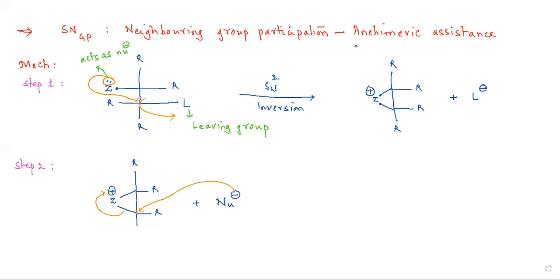Now this again is a kind of SN2, right? Finally giving rise to a retention product. Look at this. So here you get a retention product.